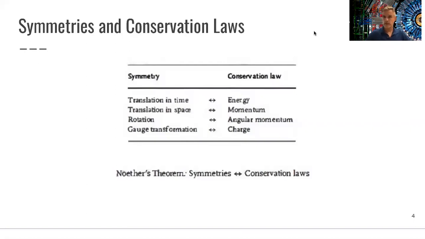And out of this, we can deduce energy conservation. Similarly, translation in space results in momentum conservation. Rotations result in angular momentum conservation. And then, a little bit harder to grasp, but we will see this in more detail, internal symmetries can also lead to conservation laws, and gauge transformations lead to the conservation of charge. So there are internal symmetries as well.